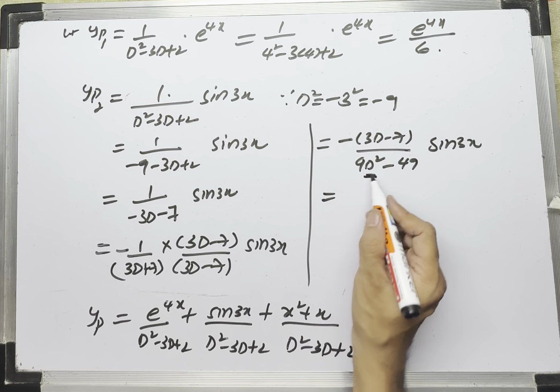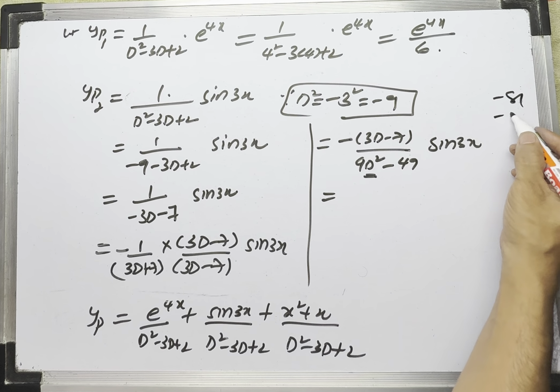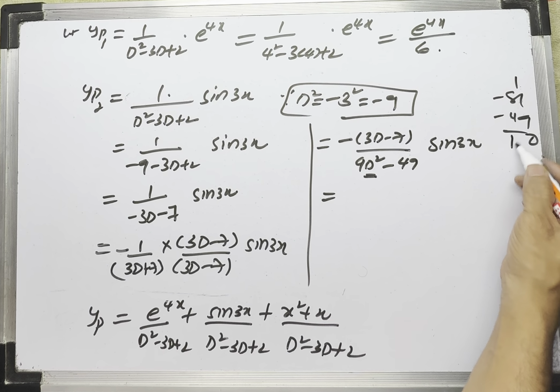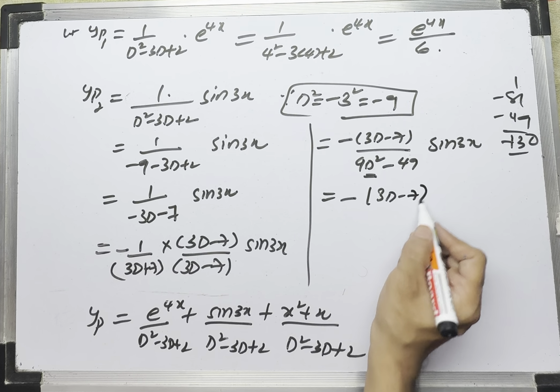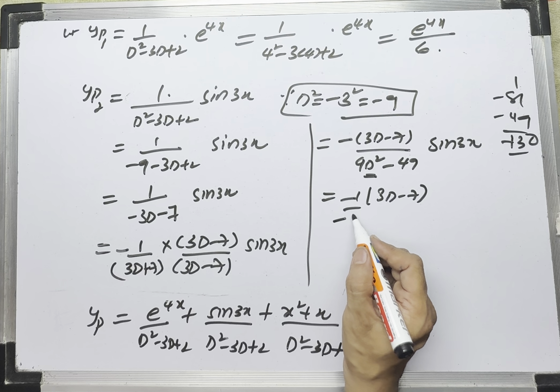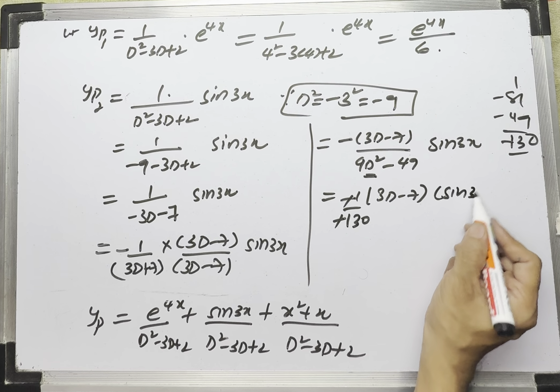Now D square we find. What is the D square value? Minus 9. 9 9s are 81, so minus 81 minus 49, minus 130. So minus 3D minus 7 by minus 130, and we have sin 3x here.